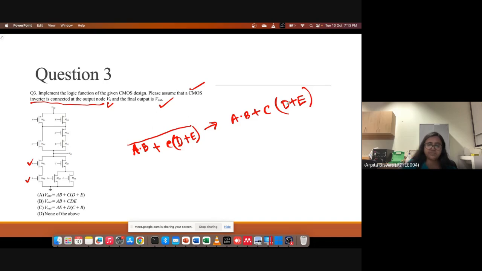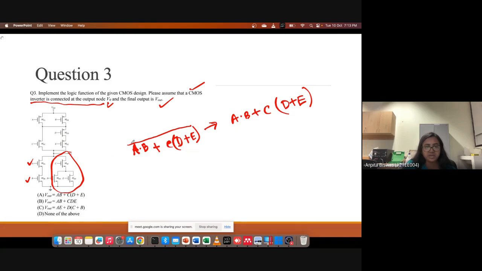It is clear because A in series with B is written like this, A into B. And it will be parallel with that portion, it means C, which is in series with D and E parallel. So D and E parallel means D plus E, and it is in series with C, which is total parallel with the A into B, which is series.